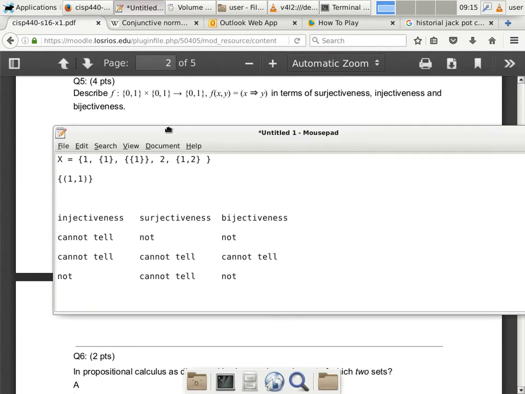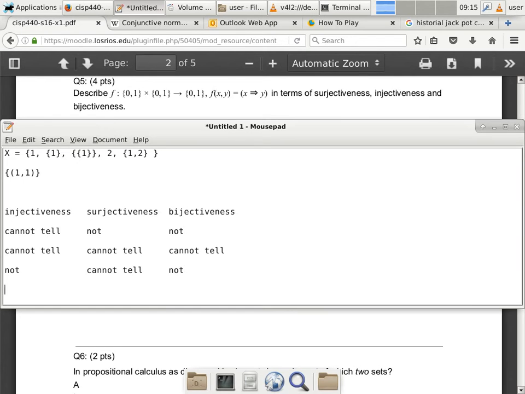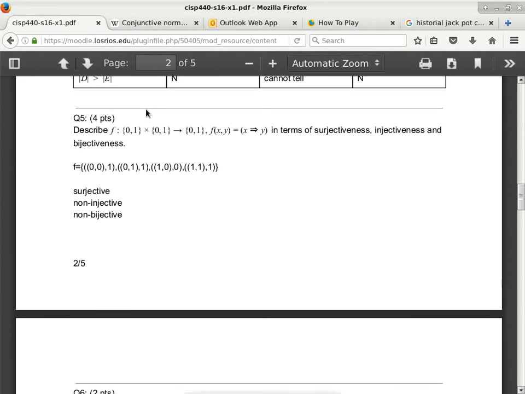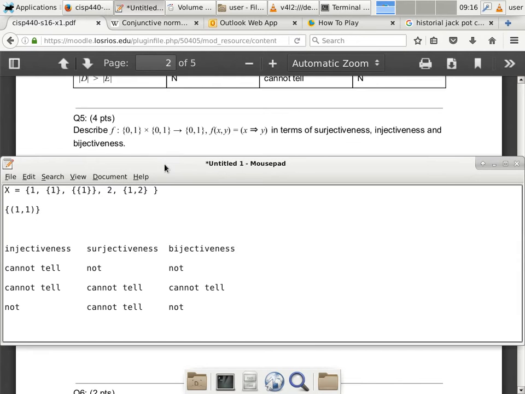All right, so question number 5 is asking you to describe function f. Oops, that was not intentional. I scrolled the mouse unintentionally. Okay, so in this case the domain is the Cartesian product of {true, false} and {true, false}.